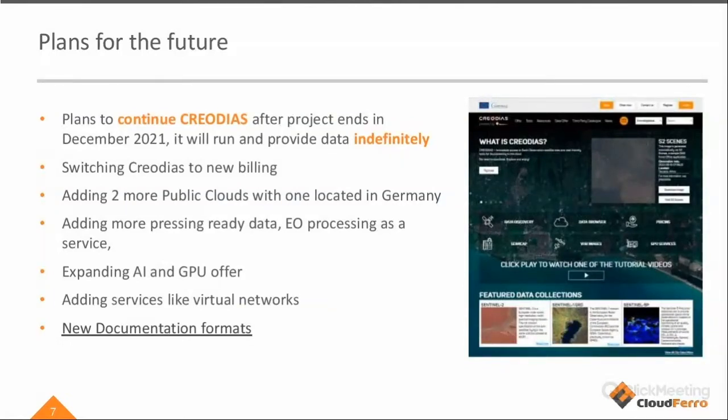We'll be switching all of the CREODIAS to the new billing. So now we have 2 billing systems, the old one that you can log in from the CREODIAS website, and the new one you can log in from, I will show the URL later, the new.cloudferro.com webpage. And some clients are already switched to the new billing.